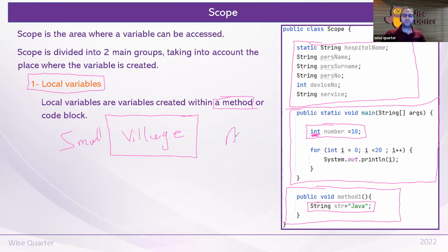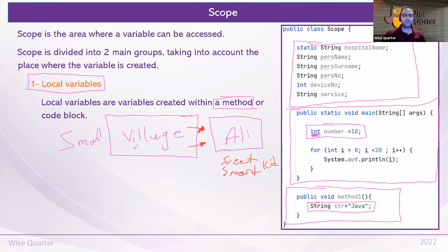So the child's name is Ali. In this village, everybody knows Ali. He's a sweet, intelligent, smart kid. Okay, we have Ali.